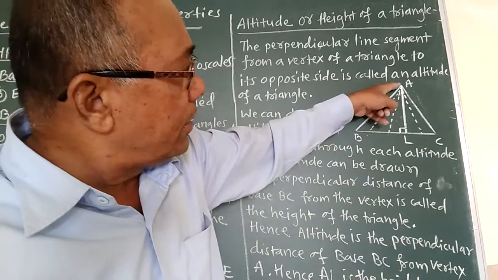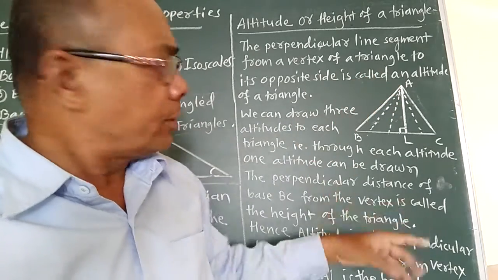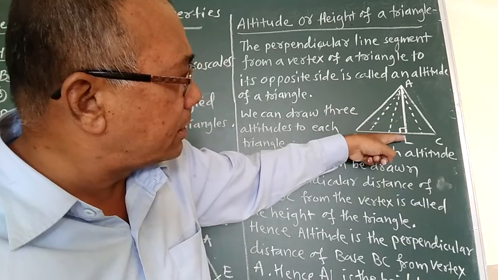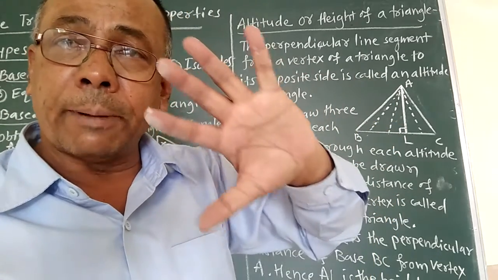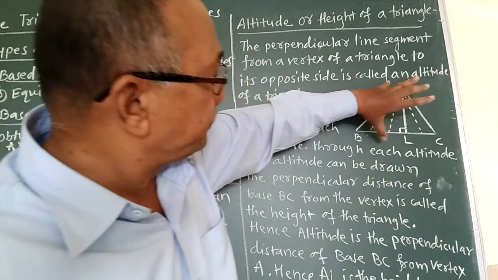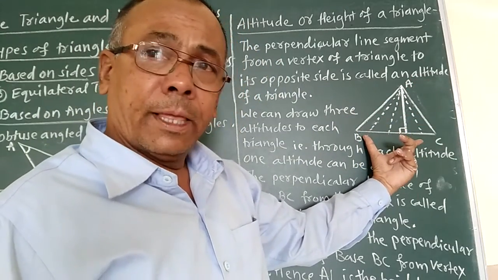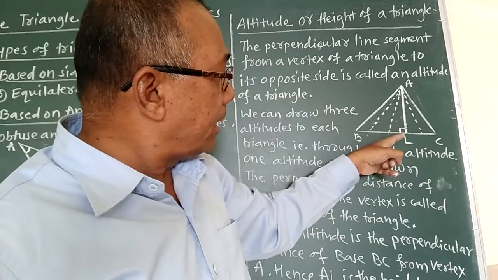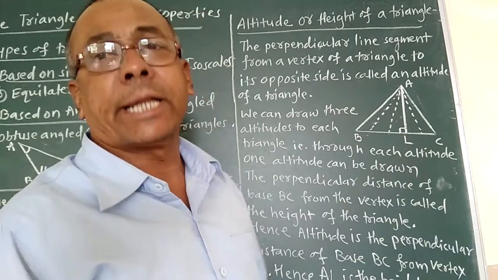So here AL is the only perpendicular line, and the perpendicular distance from A to BC. If AL is the altitude or height, then BC is the base of the triangle.